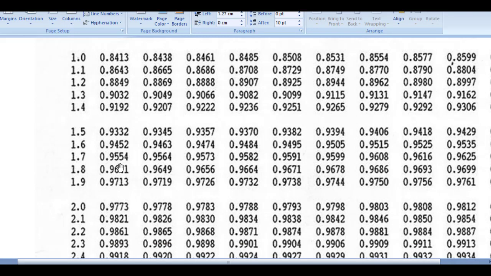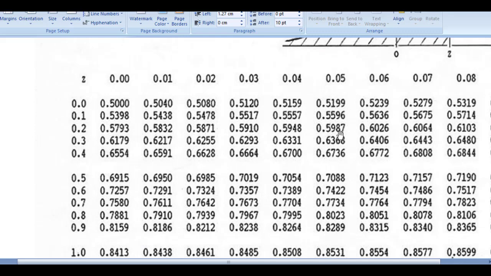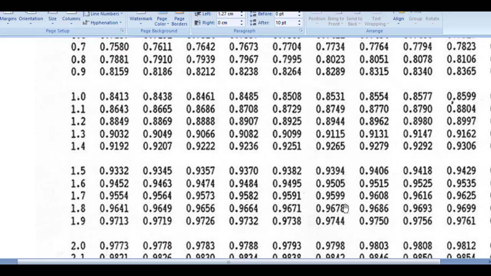So when you look up 1.76 again, 1.7 is here, and then I think it's going to be here. Let's have a look. 1.7, oh, that's 0.75, it's the next one out. 1.76 is 0.9608. So the probability that someone finished faster than her in this particular marathon is 96.08%.